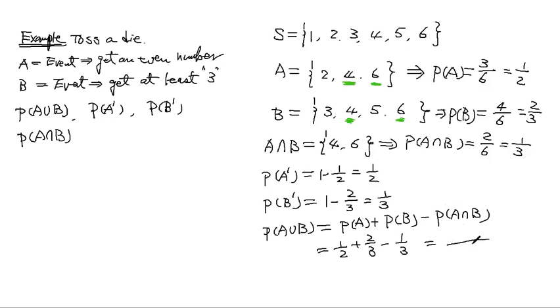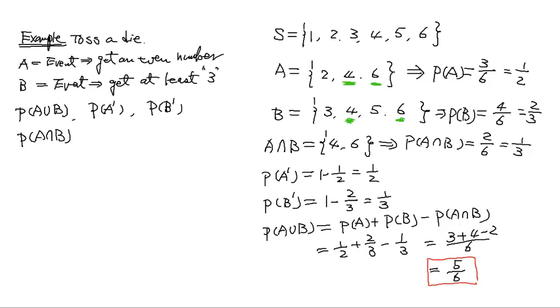The common denominator is 6, right? So this is the 3, and this is the 4, this is a minus 2. So this is a 7 minus 2, so it's 5/6. Okay, so I know my probability here is 5/6.